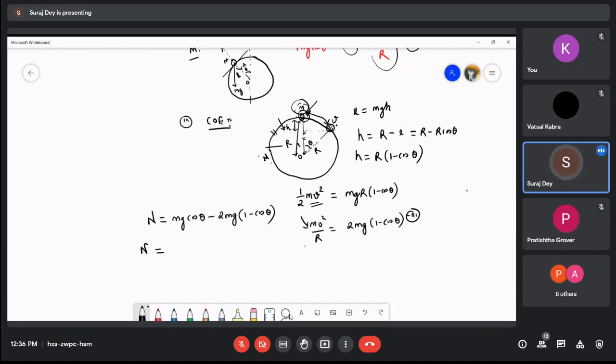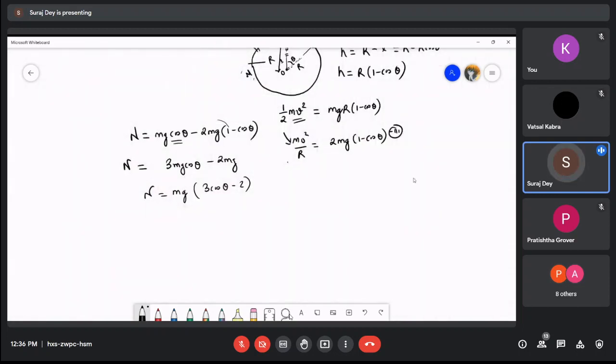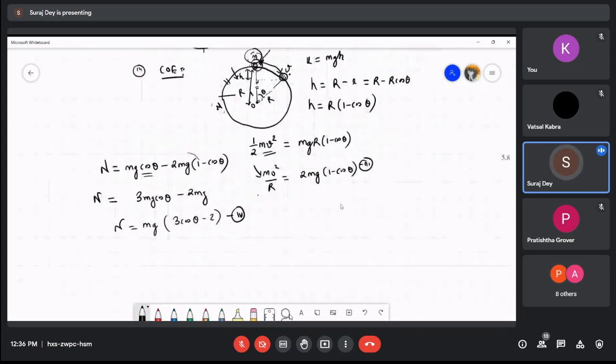Okay. So this is 3 mg cos theta minus 2 mg, right? Because this minus will become plus, and you can add it to this term. So I can just take mg out, and I can write this as mg times 3 cos theta minus 2. Okay, this is our normal force that we obtained using this work energy relation.